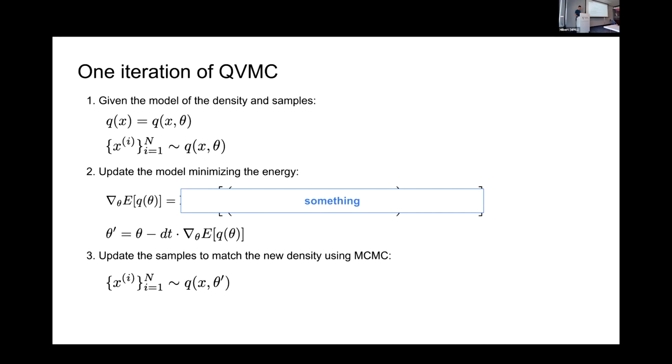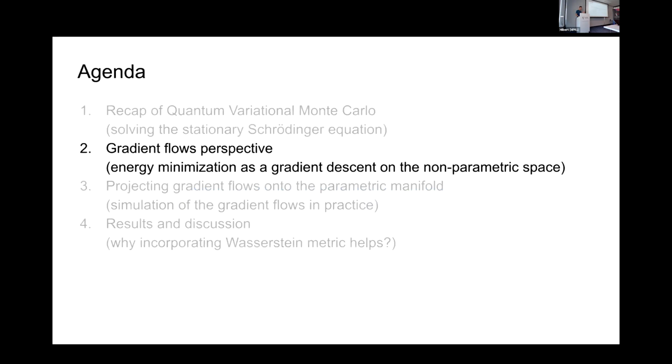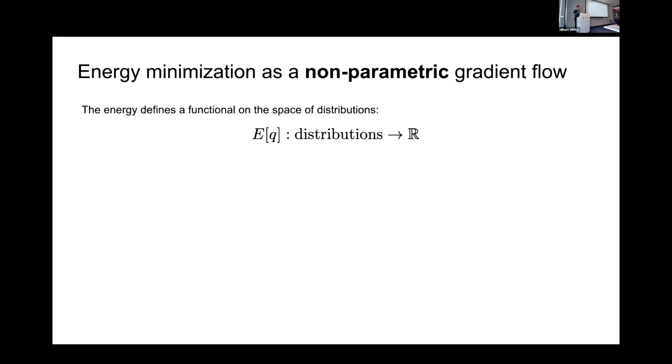So this is quantum variational Monte Carlo, but let's now go one level higher in abstraction, and let's consider energy minimization on a non-parametric family of distributions. So far we can say all the possible distributions in our continuous state space. So energy defines a function that maps any distribution to a real number, to a scalar, right?